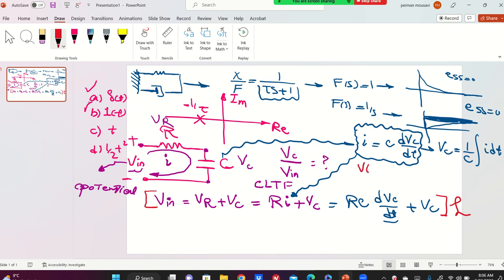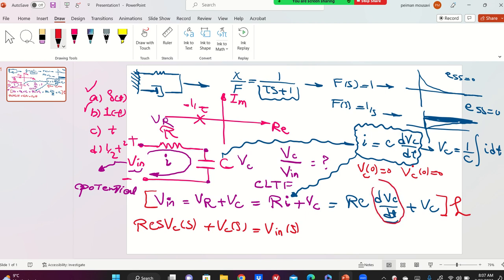Assuming that the voltage at time 0, Vc, is 0, and the first derivative of voltage is 0, you get simply RC VC(s) times s plus VC(s) equals V in (s), and you have an s here because this is the first time derivative. Remember from the Laplace transform.